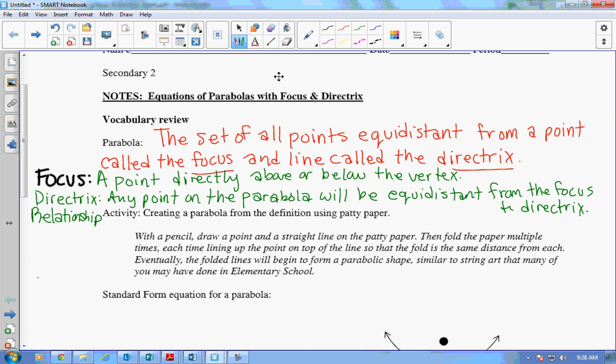Nice and transparent. Your worksheet says, with a pencil, draw a point and a straight line on the patty paper. If you need help drawing a straight line, use the edge of your calculator or the edge of your worksheet.